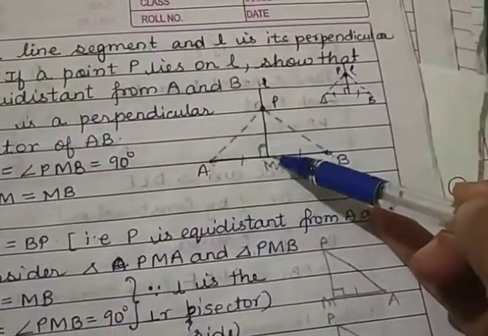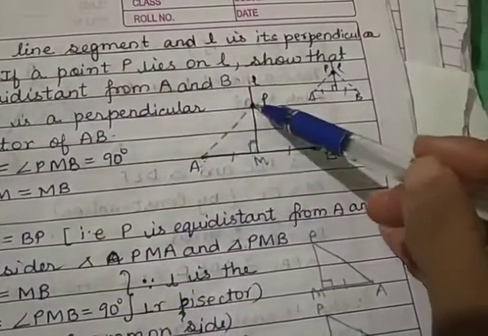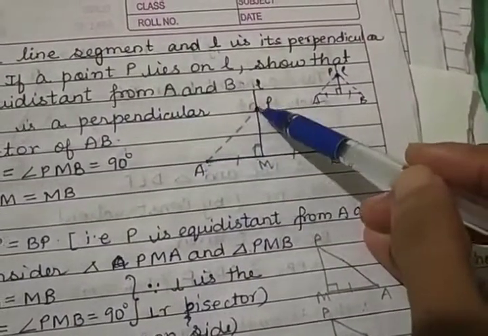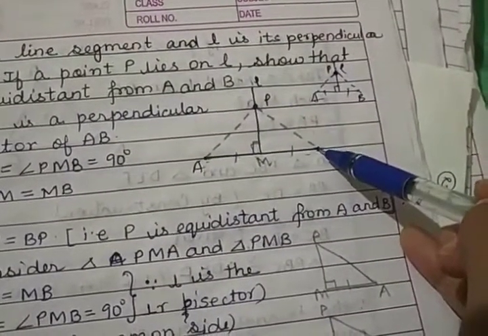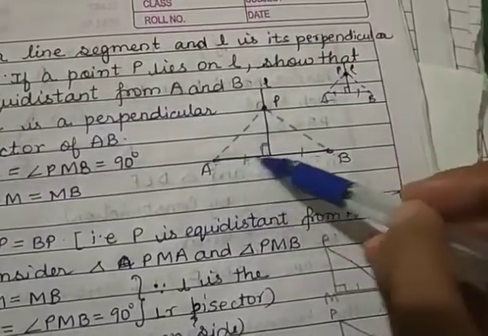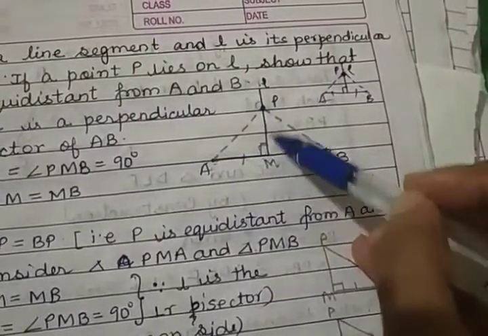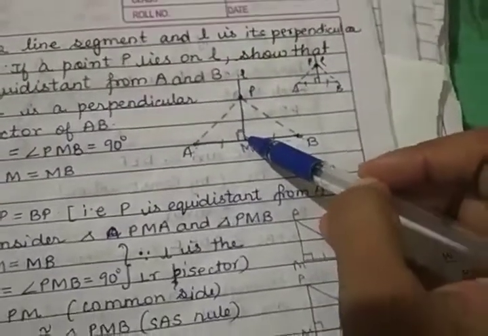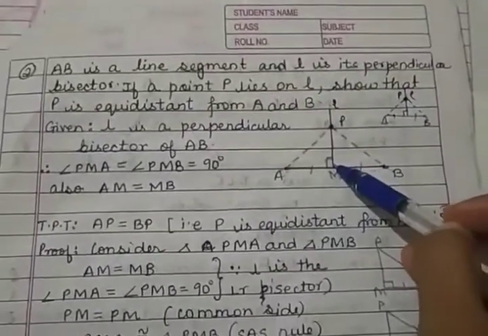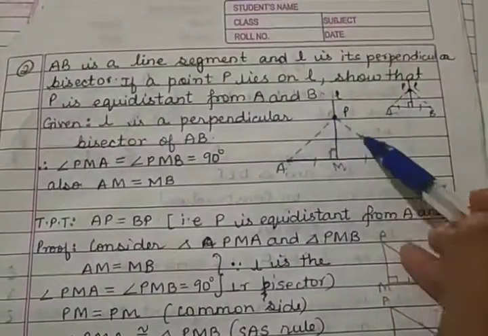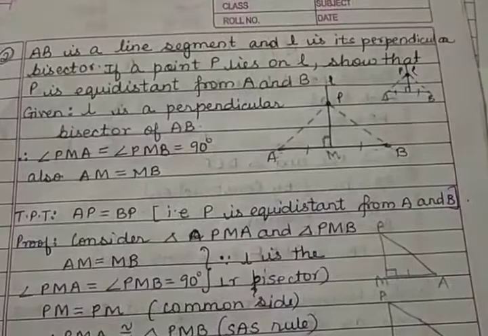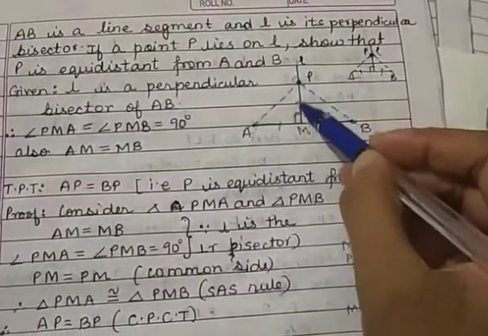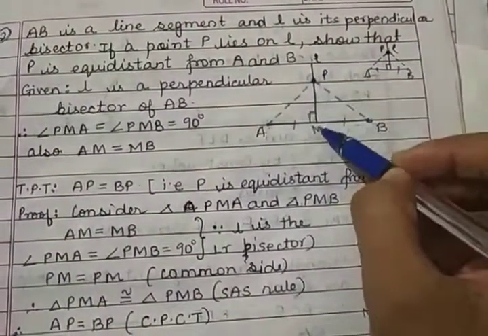Now L is a perpendicular bisector of AB, so we have angle PMA equal to angle PMB equal to 90 degrees, and we know AM is equal to MB because it is a perpendicular bisector. What we have to prove here is that AP is equal to BP. Now let us consider triangle PMA and triangle PMB.